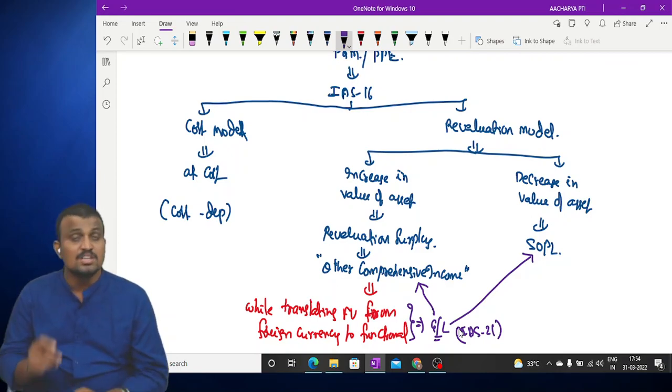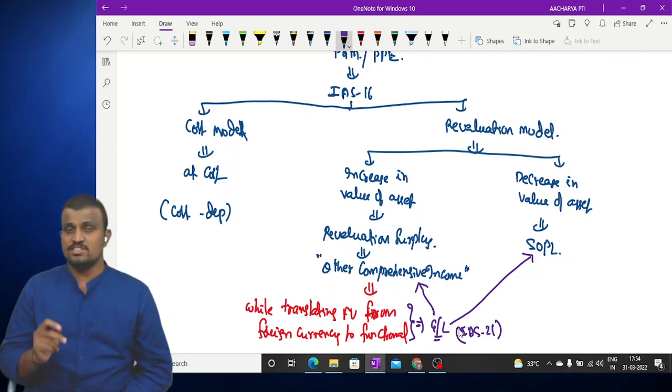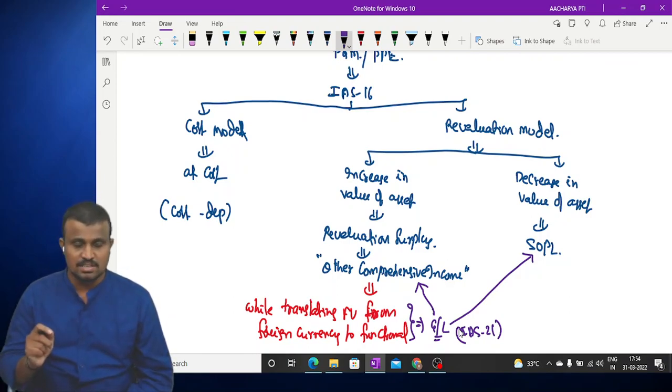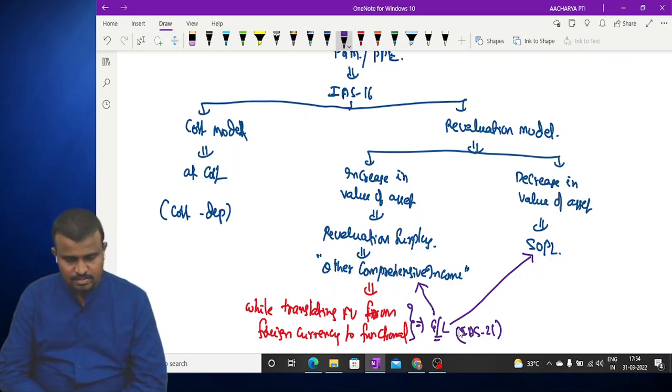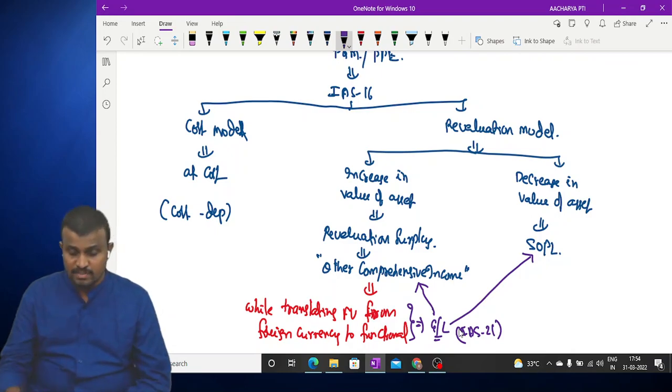IAS 21: effect of changes in foreign exchange rates. In our syllabus we have only the individual financial statements.